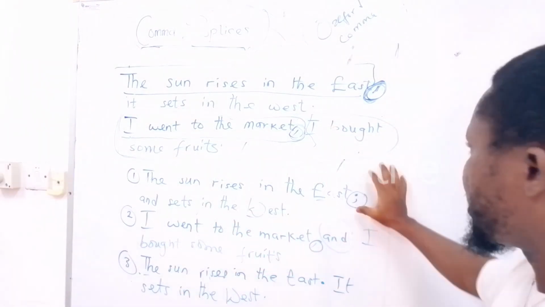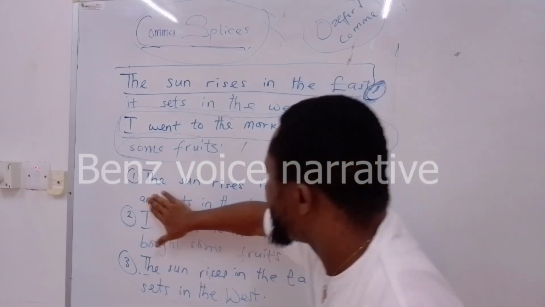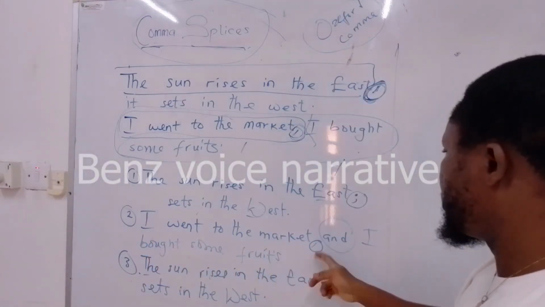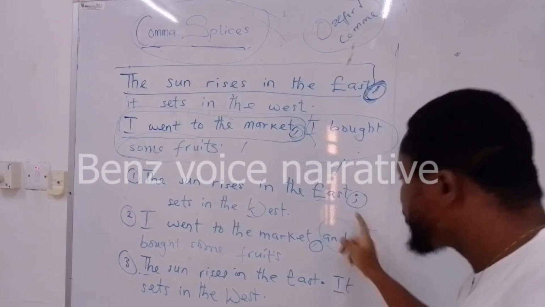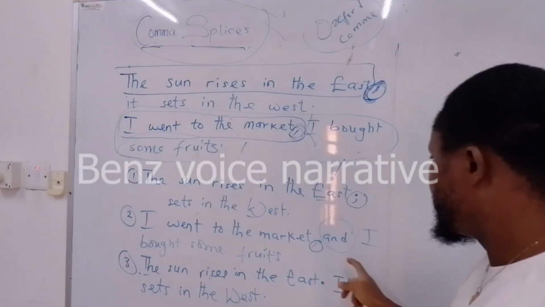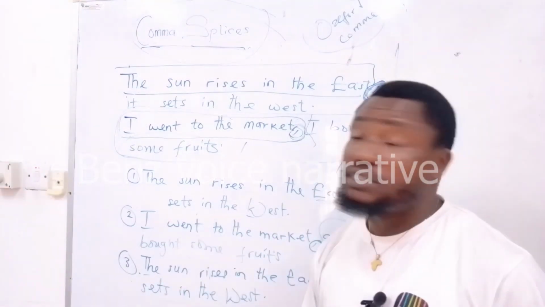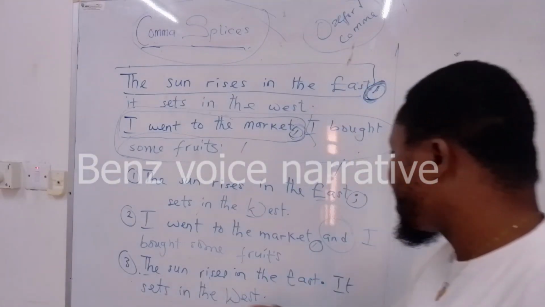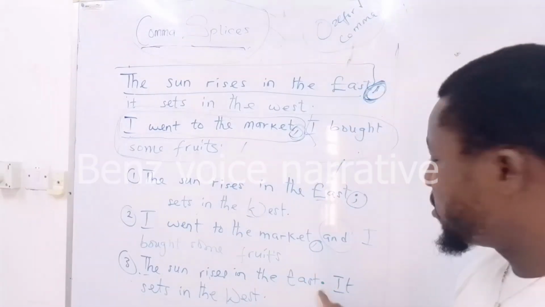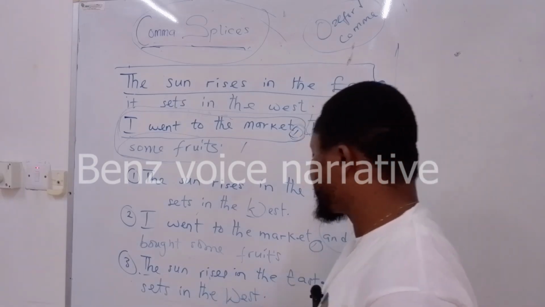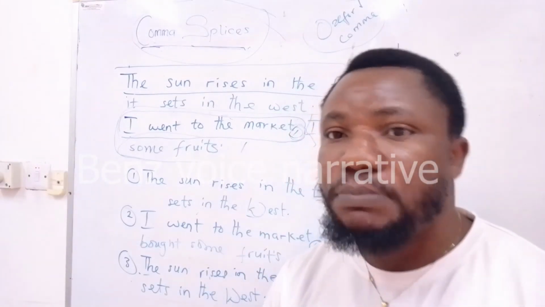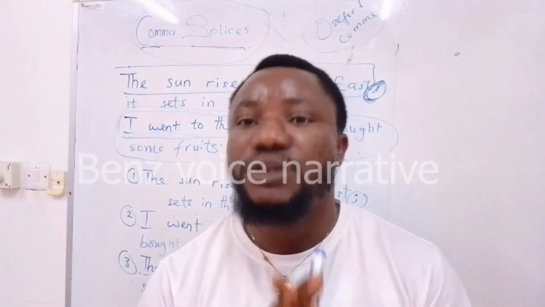Oh, I should have deleted this conjunction. Number 2, I went to the market, comma, you introduce a conjunction. And then you have the second independent clause. And finally, number 3, the sun rises in the east, full stop. It sets in the west. So these are the 3 ways to correct comma splices in the English language.